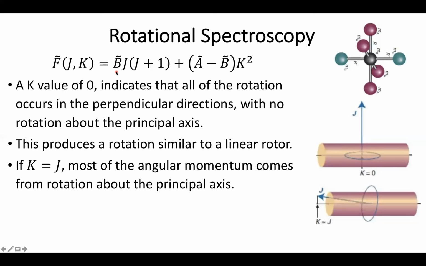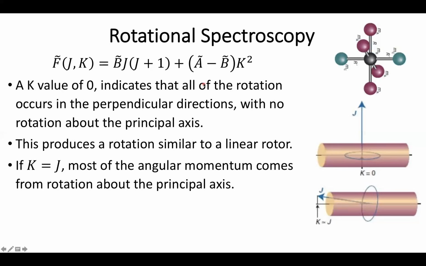However, if K is not equal to 0, so let's say that K equals J, what this then indicates is that most of my motion is coming from this rolling motion. So most of the motion is essentially these A atoms moving, but there is going to be a certain extent of wobble. Again, we have to deal with the fact that angular momentum is a symmetric operator.